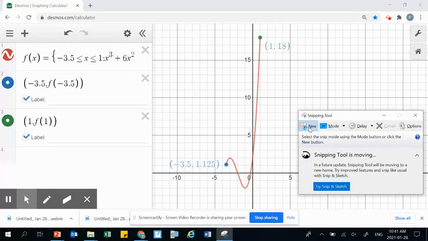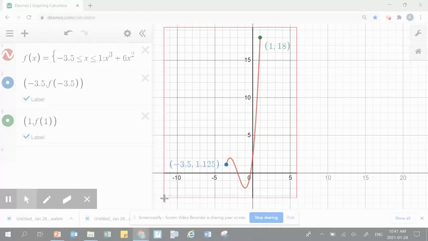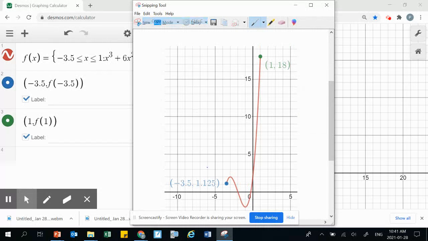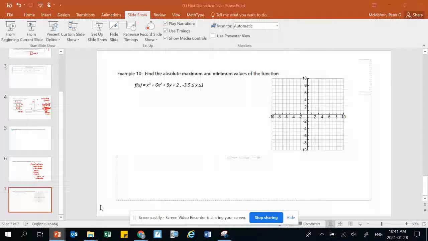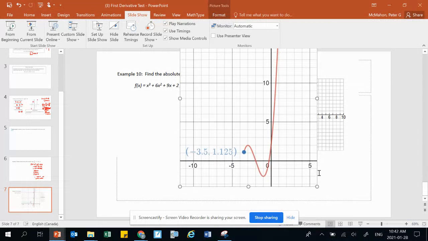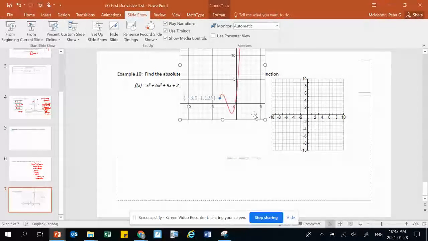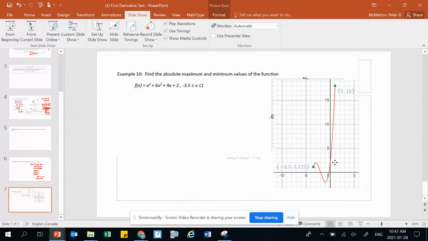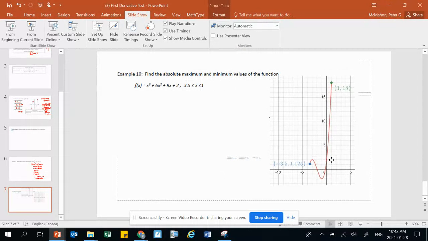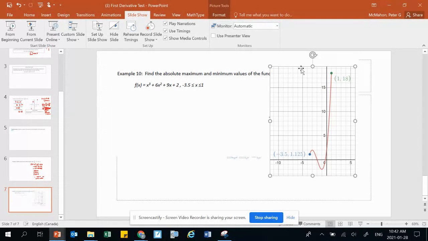Okay, so here we go. Guys, we're kind of cheating over here because I am looking at the graph before I'm doing the algebra. But hopefully we can see that this value, which appears to be at -2, is going to be the absolute minimum.